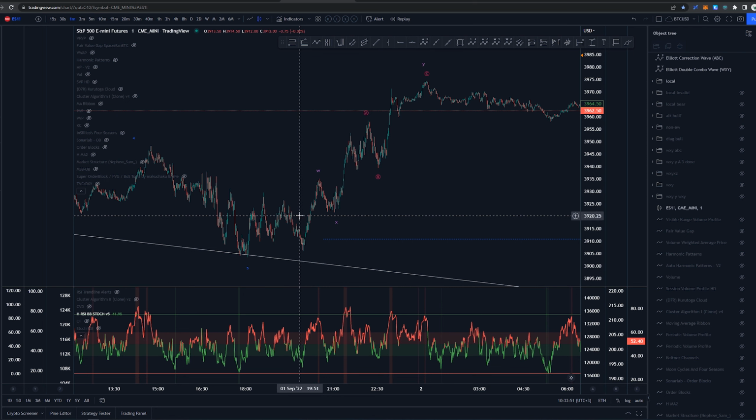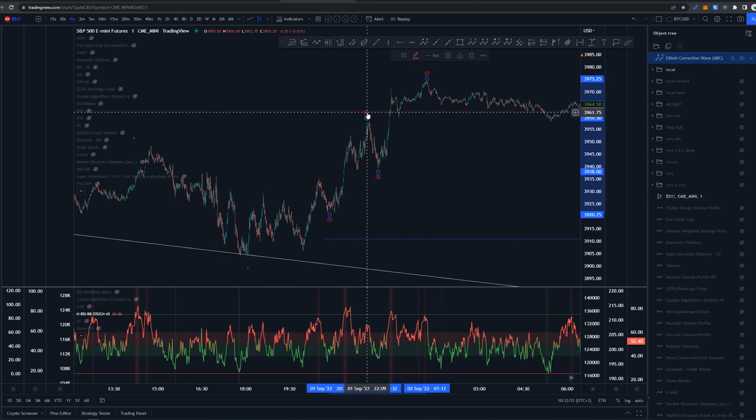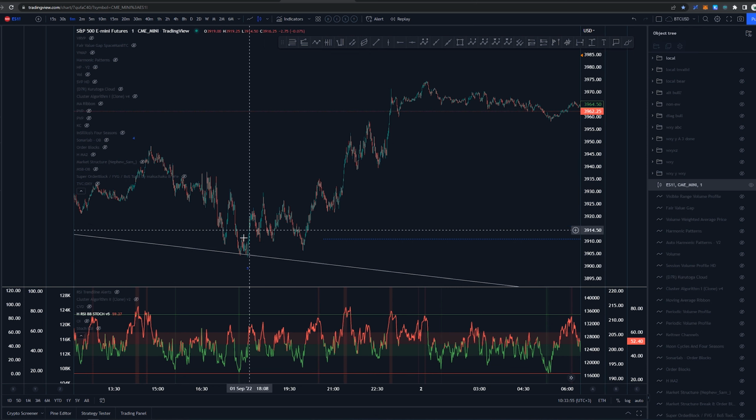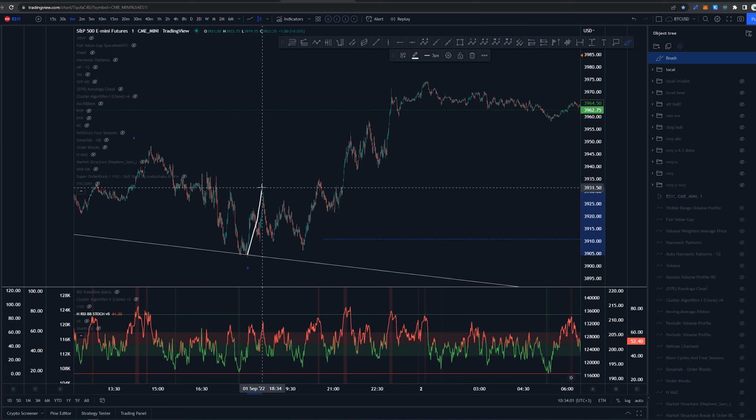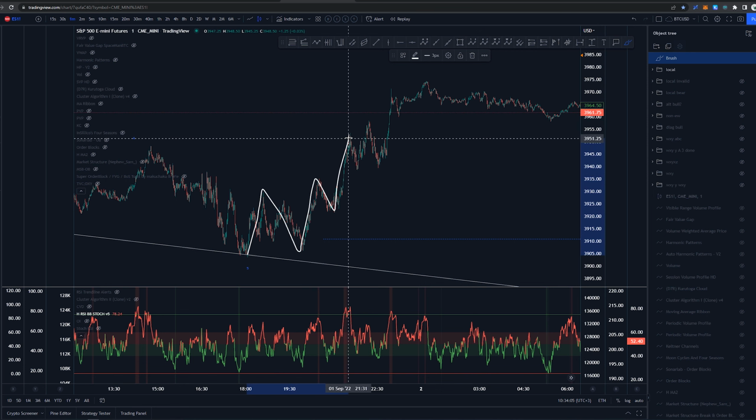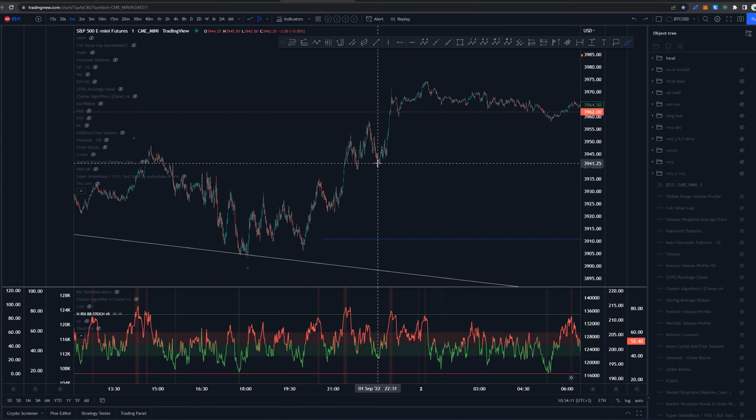But if we are wanting to pull this into an impulse wave structure, we would have to say that, okay, we started here and we just have an invisible wave 1 and have this as the wave 1 here to 1, 2, 3, 4, 5 into the third, fourth, and 1, 2, 3, 4, 5. At that point, it fits very well as well.